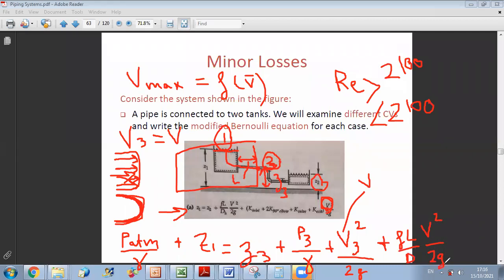Concerning minor losses, here you just have the inlet, so you have to add plus K inlet times V square over 2G, okay? And now since you have already determined your velocity and your friction factor, all you have to do is calculate the value of P3, okay?